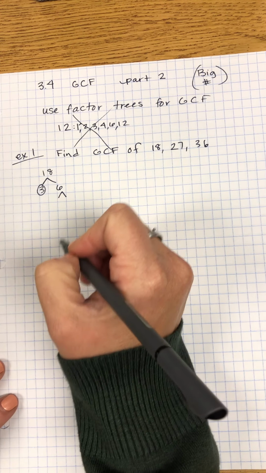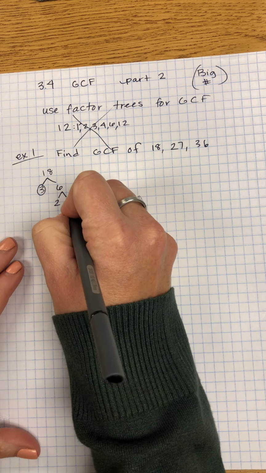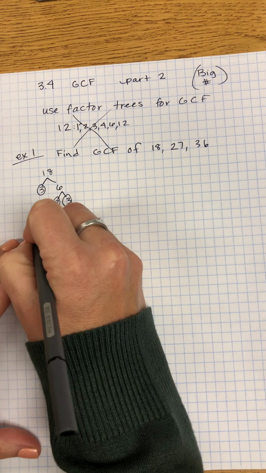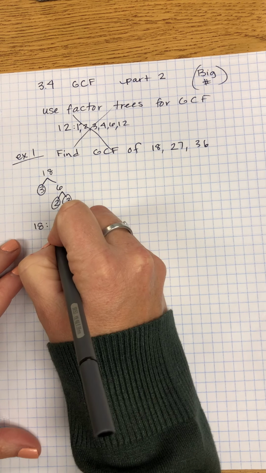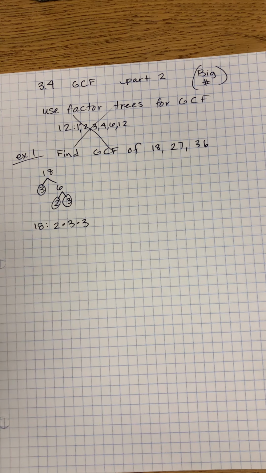What goes into 6? 2 and 3. Which one is prime? Both. Yeah, nice. Okay, so for 18 on the bottom, I'm going to list 2 times 3 times 3. I'm not going to use any exponents or powers. We're going to just put everything that we got, every answer.